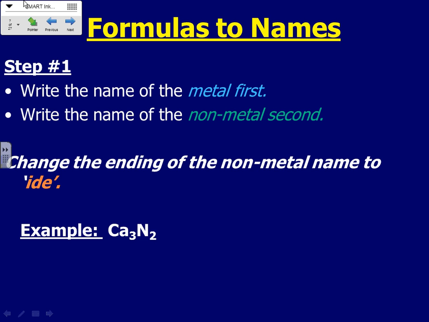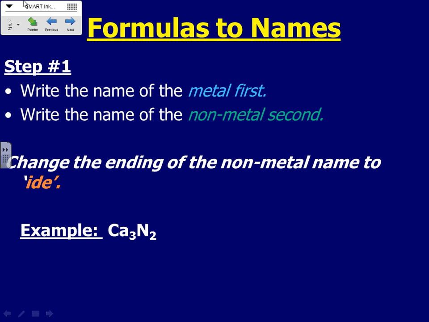The name will always have the name of the positive piece, the positive ion, in this case the metal, and the name of the negative piece, the negative ion. So the name is always only made up of the two ions that are in it. Hence the naming system is binary in nature.